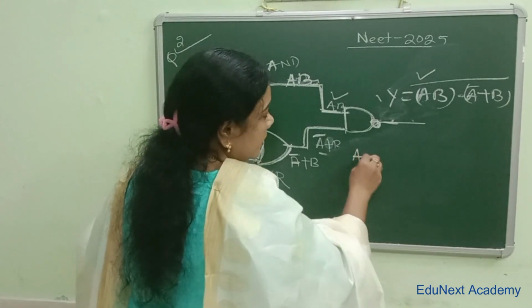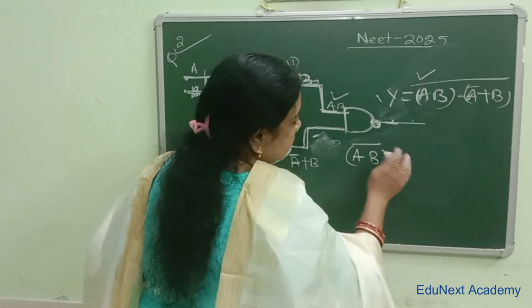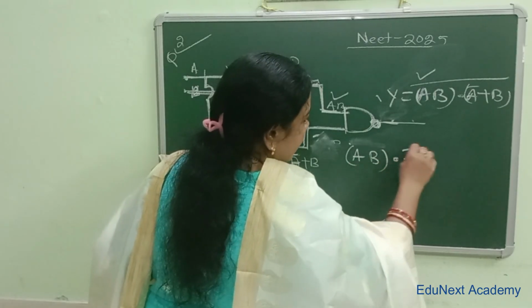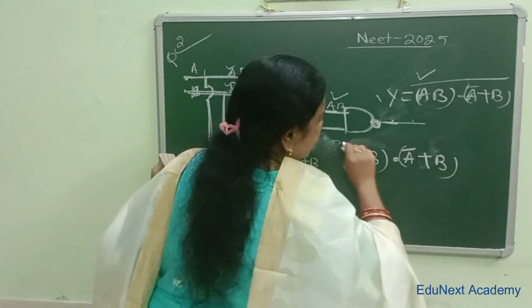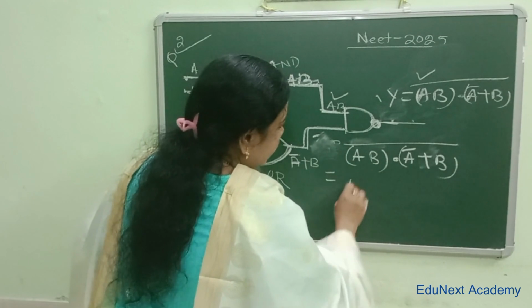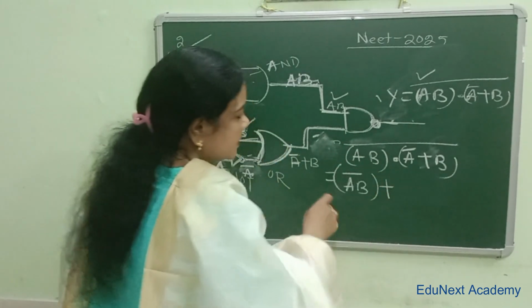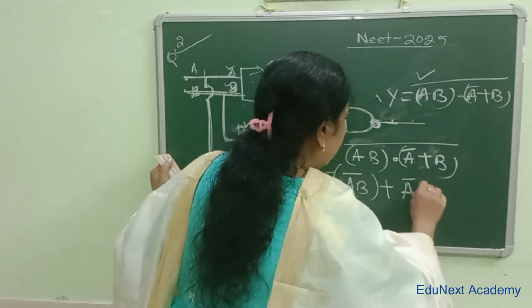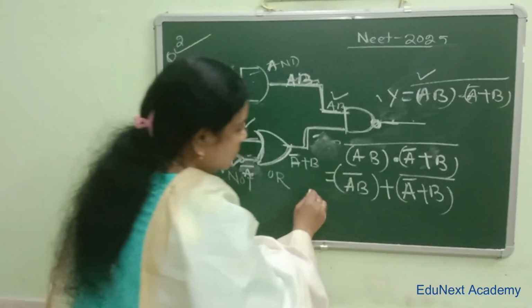Here, AB dot A bar plus B whole bar. If I open this whole bar, this will be AB bar plus A plus B bar. Now again let us open this.